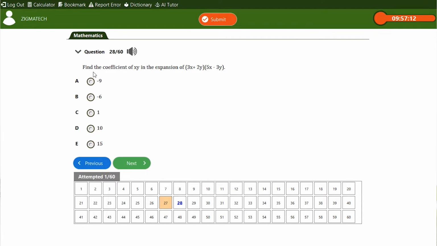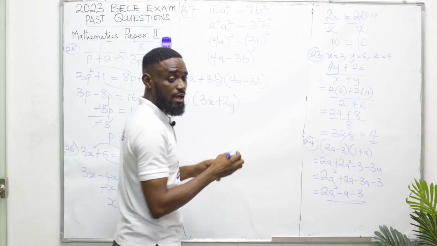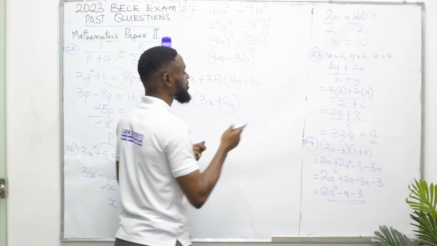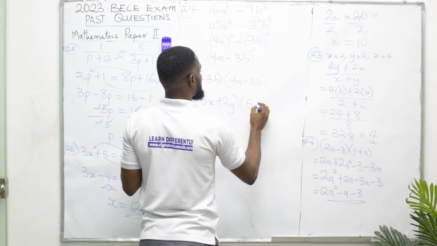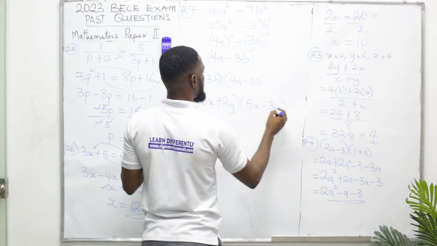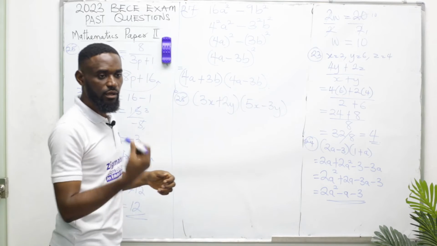Okay, so find the coefficient of xy in the expression. Find the coefficient of xy in the expression. Okay, so when we expand this expression, the coefficient of xy. All right, let's see: 3x plus 2y and 5x minus 3y. Is that okay? All right.